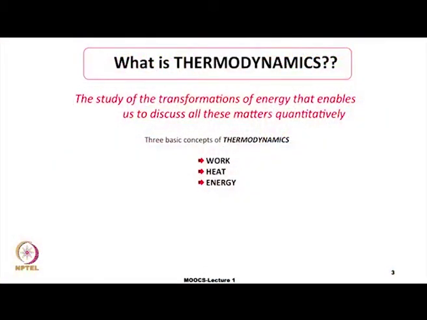There are three basic concepts of thermodynamics, three fundamentals of thermodynamics: work, heat and energy. And out of these three, the most fundamental is work. The reason why I say work is the most fundamental is that work is something which you can actually see happening with your eyes.